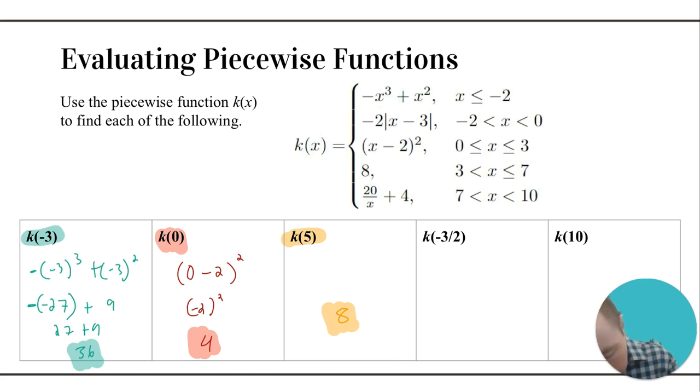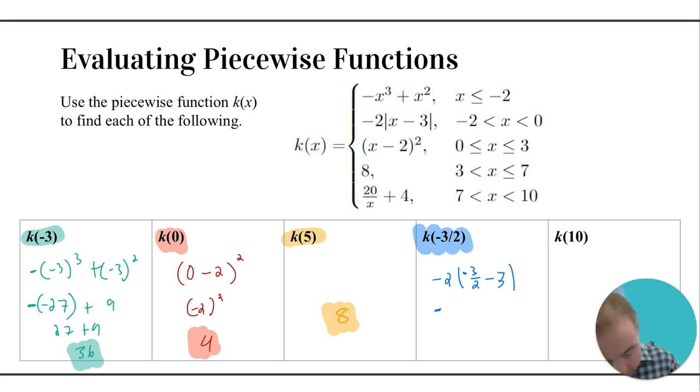And then for this number right here, that's -3/2, which is -1.5. -1.5 is between -2 and 0. So the rule you'd want to use then is that absolute value rule: -2 times the absolute value of x minus 3, and then plug in that -3/2, or -1.5.